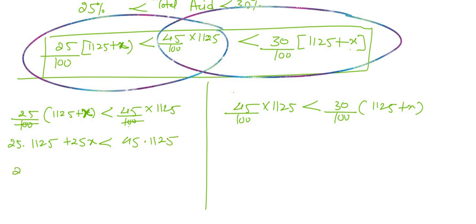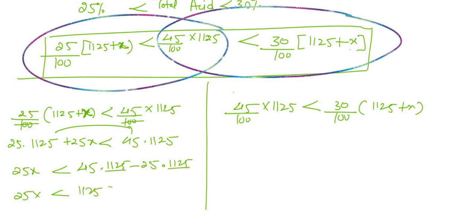Okay, so we can write 25x is less than, this number will go there. So 45 into 1125 minus 25 into 1125. So if you simplify it, you can take 1125 common. So it is 45 minus 25, which is nothing but 20.